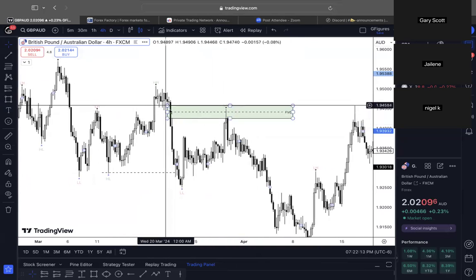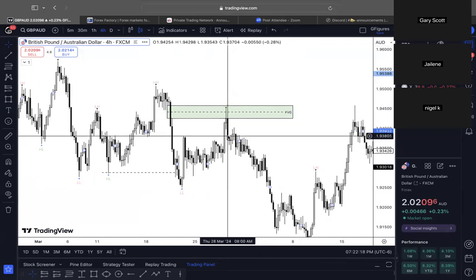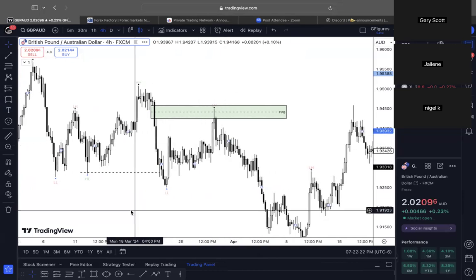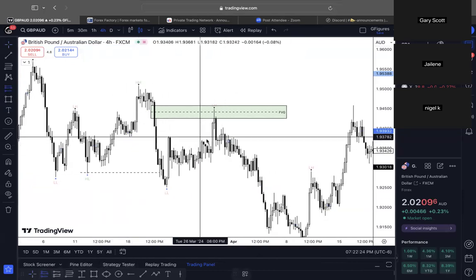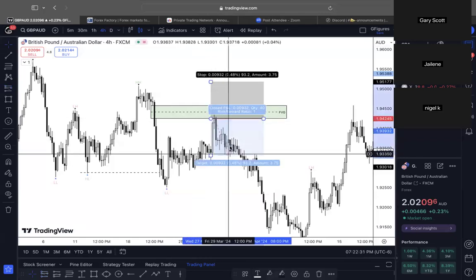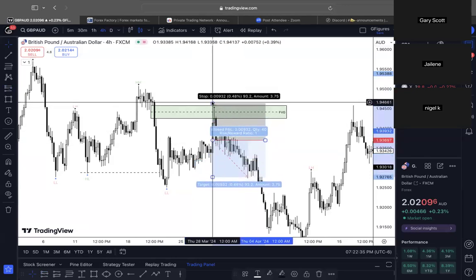So if I see this, and I see how price rejected off this level, and how it gave me my bearish engulfing candle off of it, what can I do? I can take my entry the moment that price closes beneath my fair value gap if I wanted to enter here. Or I could have waited until my bearish engulfing candle closed.